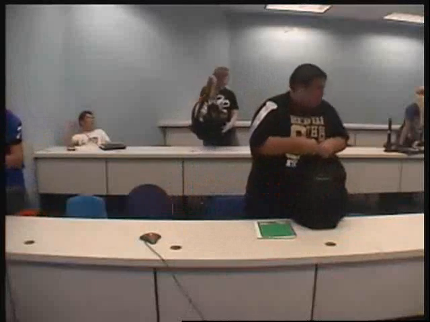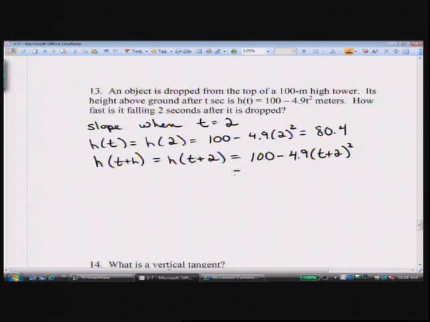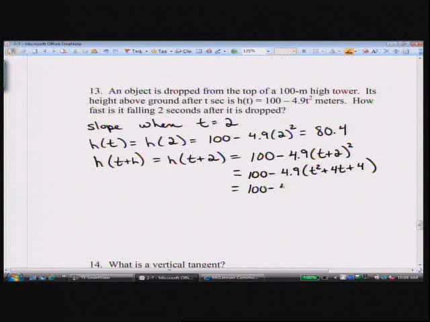All right, and so then this is going to be 100 minus 4.9 times t squared plus 4t plus 4, which is 100 minus 4.9 t squared minus, can y'all help me? What is it? 19.6. And then plus another, or minus another, what is that?